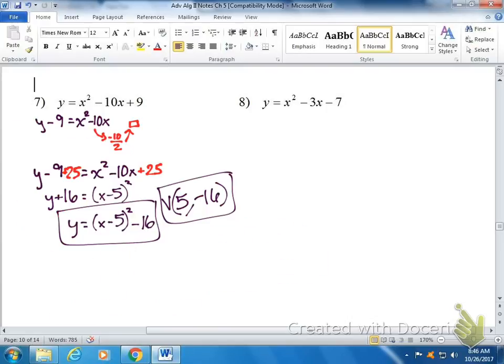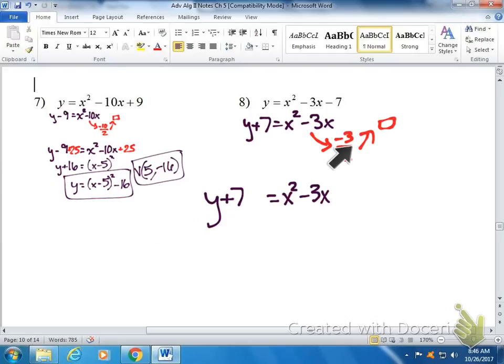Next. So this one is a challenge. We add 7 to the other side. It's a challenge because we've got, okay, negative 3 divided by 2, but then squared. We're going to be dealing with a fraction. So we've got to think of, all right, negative 3 halves squared. That's going to be a positive 9 over 4. That's what I'm going to add to both sides, positive 9 fourths. And then I'm just going to write the simplified version of 7 plus 9 fourths as an improper fraction.